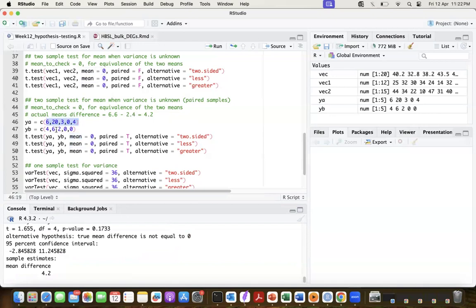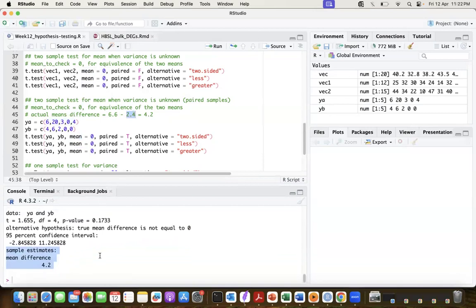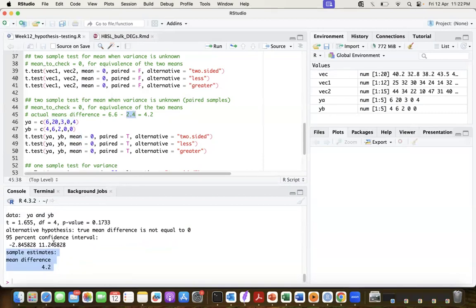If you actually take the mean of the two values, it's going to come up at 6.6 and 2.4. So the mean difference is 4.2, which is quite a lot of difference. But the thing is that you have very few values, and you can see that they do have quite large variances as well.